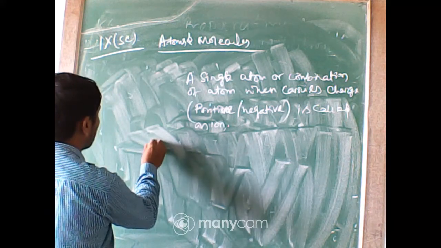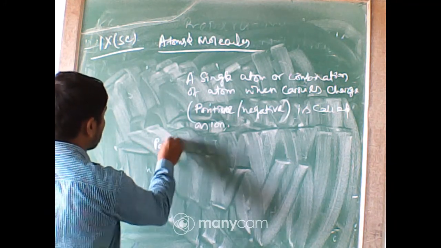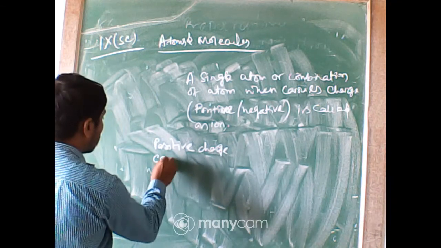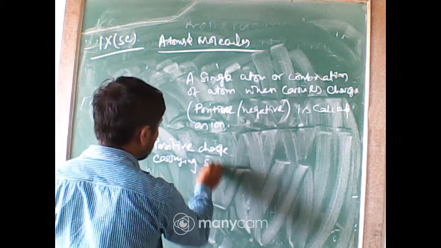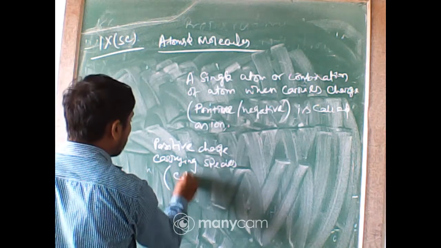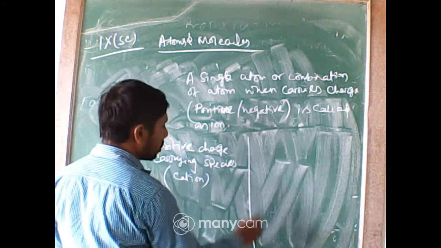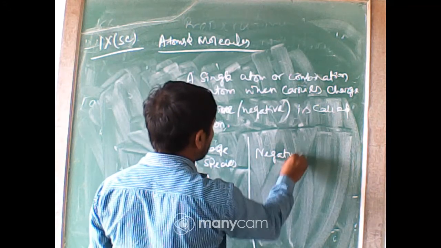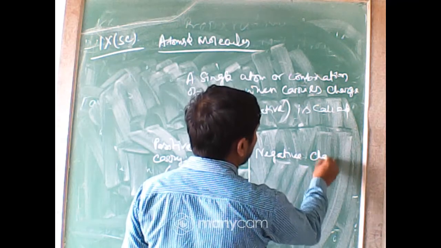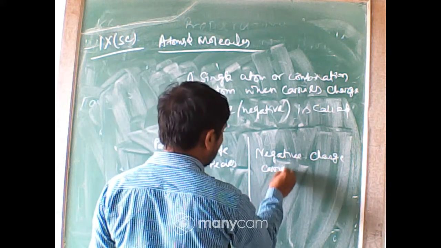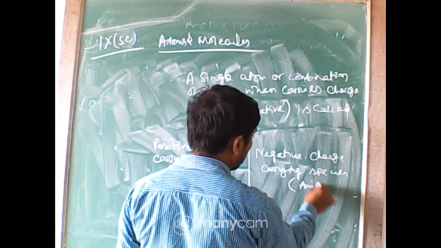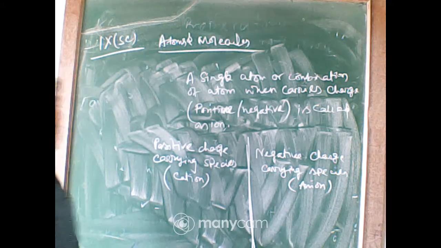First of all, write down the positive charge carrying species, and this is also called cations, and in this column you will write negative charge carrying species, and within bracket you will write anion. Now, we will move to the examples of that.